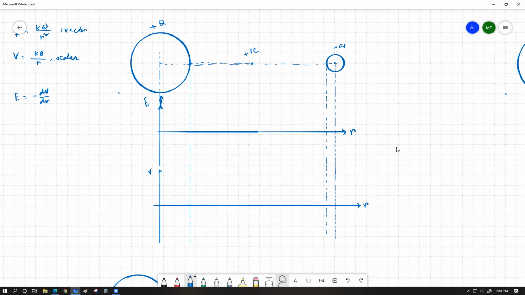Whenever both of the charges are positively charged, the electric field for the big Q charge is going to look somewhat like this, exclusive electric field for this one.